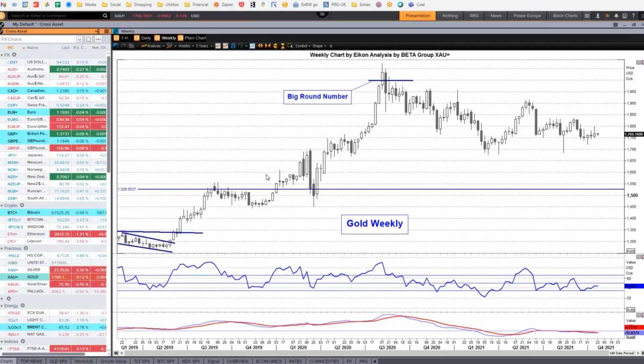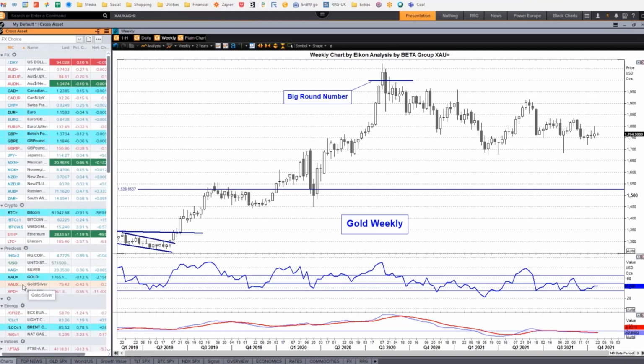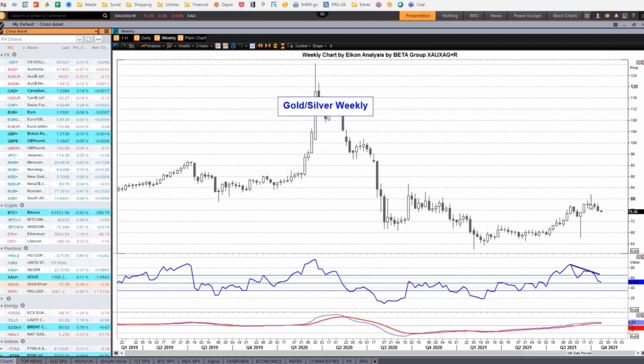Okay, I'll move on to the precious metals now, and I'm going to start with the gold-silver ratio. This is gold divided by silver. So rising is gold outperforming silver. So we see it's tailing off a bit here now. For those of you who were around last week, we had a warning about this, didn't we?